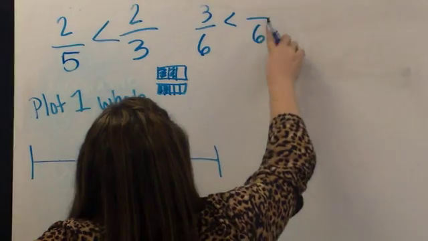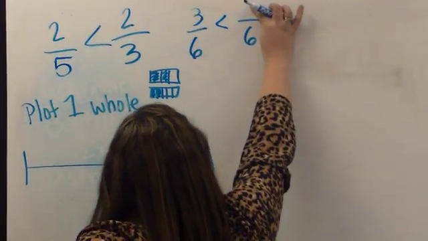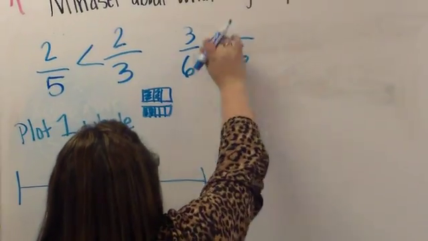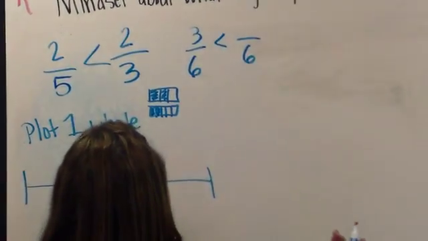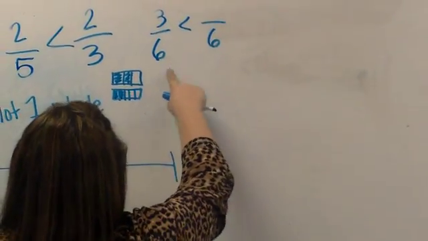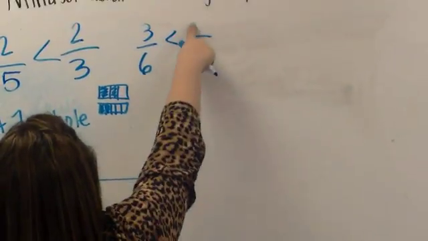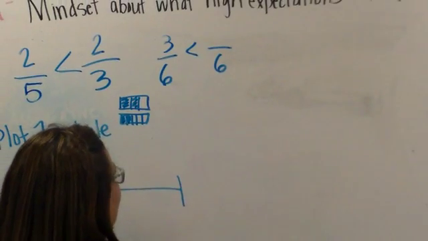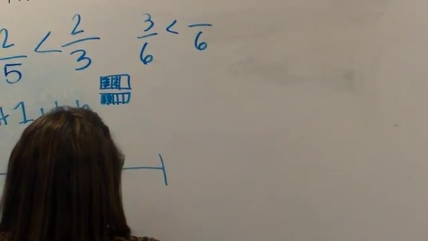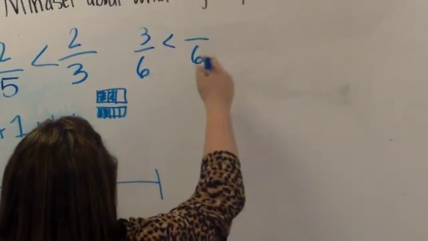Over here, I need to fill in a numerator that makes this number sentence true. 3/6 is less than how many 6? This number sentence is a little bit different because the denominators are the same. When the denominators are the same, you look to the numerator. That's easy. You just look at numerators in terms of how many parts are shaded in out of 6 total pieces.